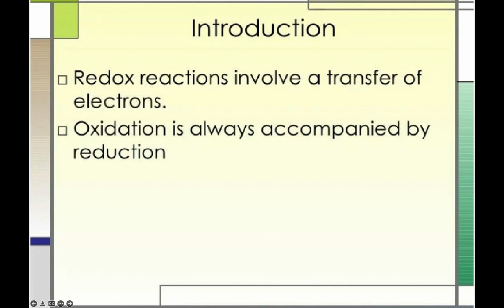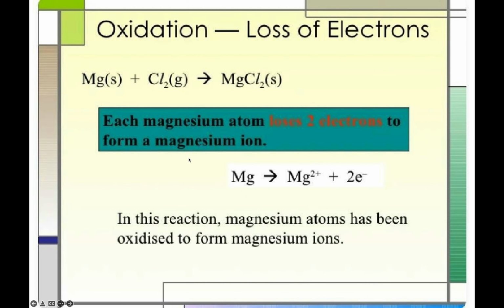Now redox reaction, we already saw that it involves transfer of electrons, and oxidation is always accompanied by reduction. Both of them occur simultaneously, that is why we call it a redox reaction. And oxidation means loss of electrons. See here, Mg plus Cl2. We were looking at this equation in our last session, and I had told you that I'll be explaining this particular equation.